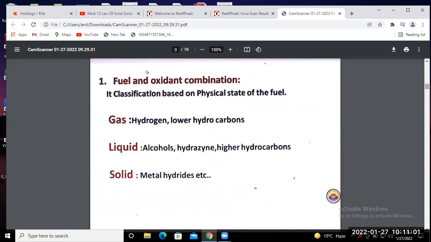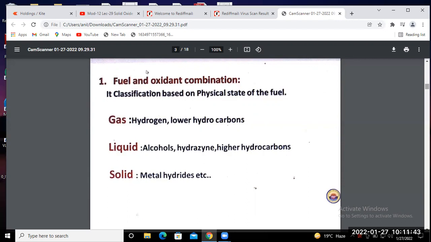That means fuel is mainly found in three physical states: you may consider a fuel in gas form, liquid form, or solid state. In gas form, we concern hydrogen and lower hydrocarbons.